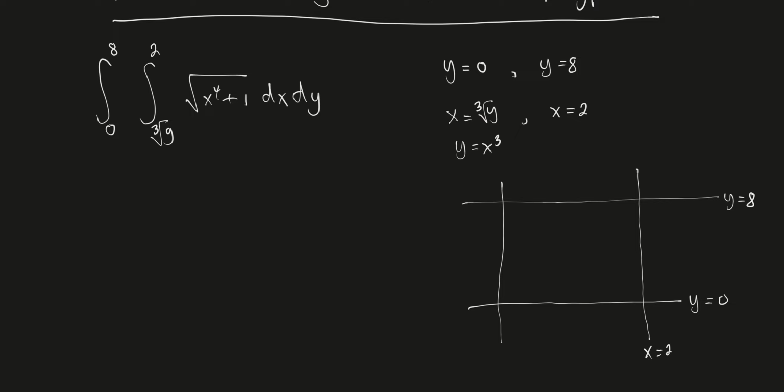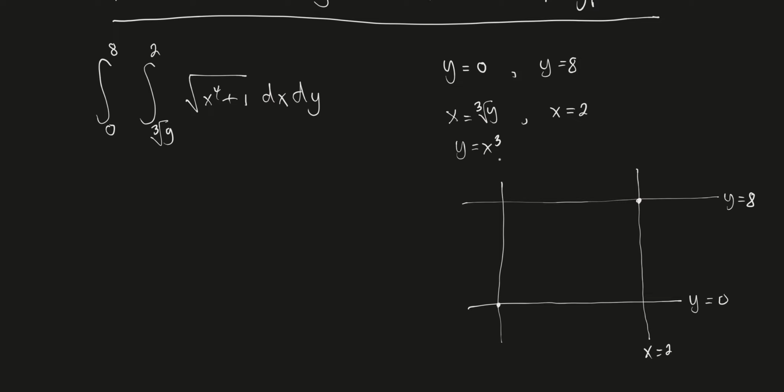If you're trying to figure out how to sketch the last curve, you can use some specific points. When y is equal to 0, x is equal to 0, so it passes through the origin. And when y is equal to 8, x is equal to 2. It's not a coincidence, so it passes through right there.